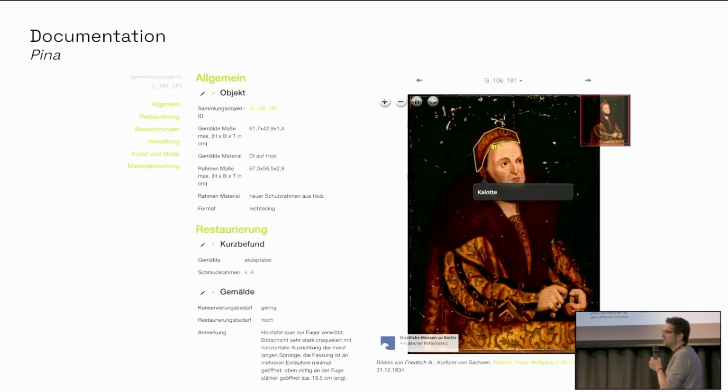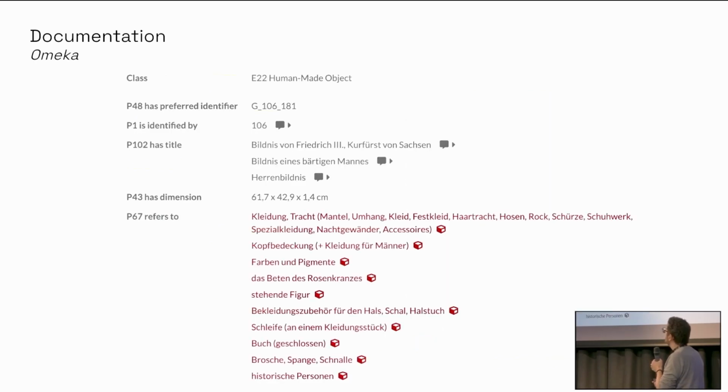That was the previous database. Then during the project, we moved our data to an Omeka instance, and we also added the documentation for the prints and drawings in our collection.